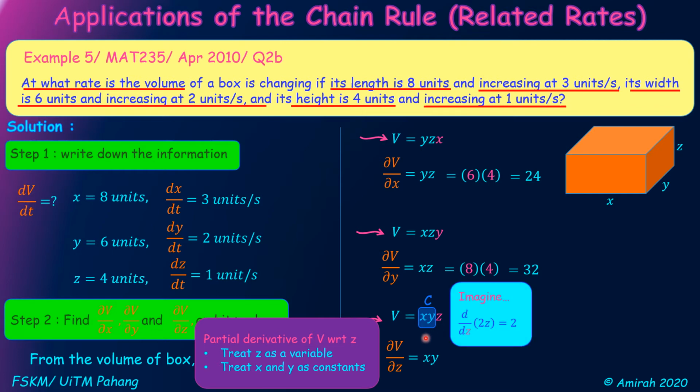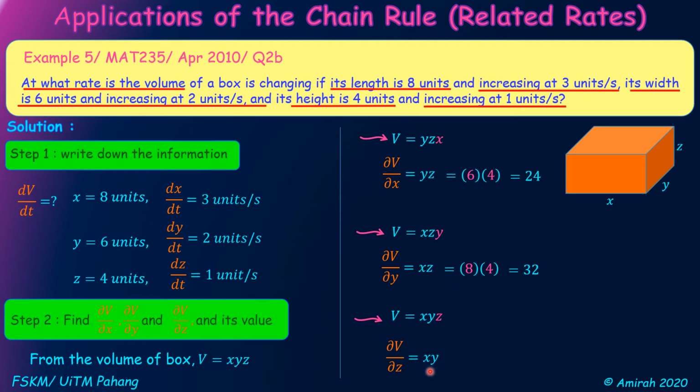To differentiate a constant times z, imagine we want to differentiate 2z with respect to z. The answer equals 2, where 2 is the constant. So when we differentiate a constant times z, the answer equals the constant, which is xy. So now we find del v over del z.